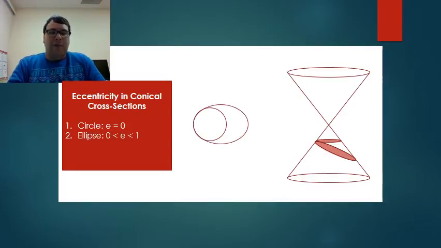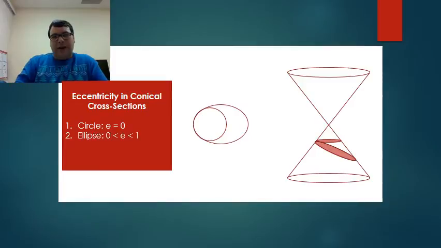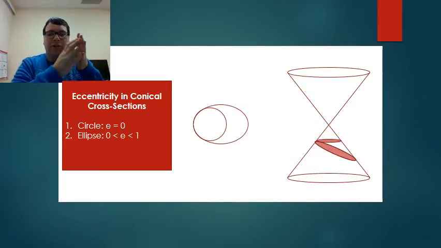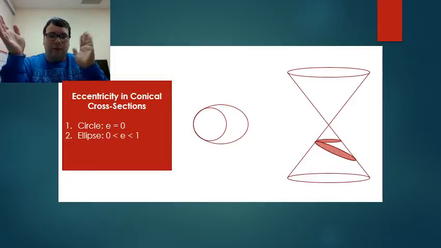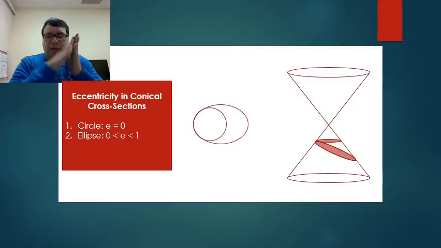An ellipse is essentially like we're cutting at an angle. We're still keeping that circular shape, if you will, but it becomes more of an ellipse, what we were just looking at. The eccentricity for an ellipse ranges from 0 to 1, so just above 0 and below 1. So that's our range.